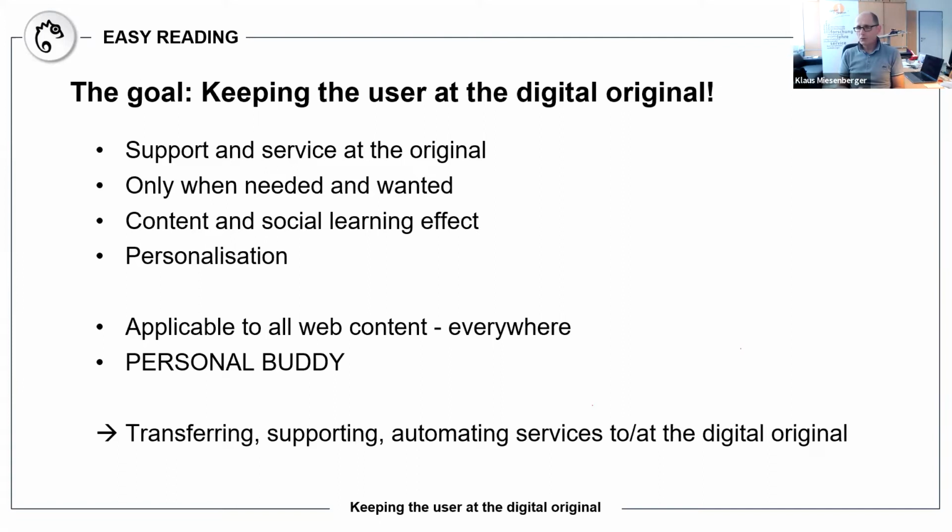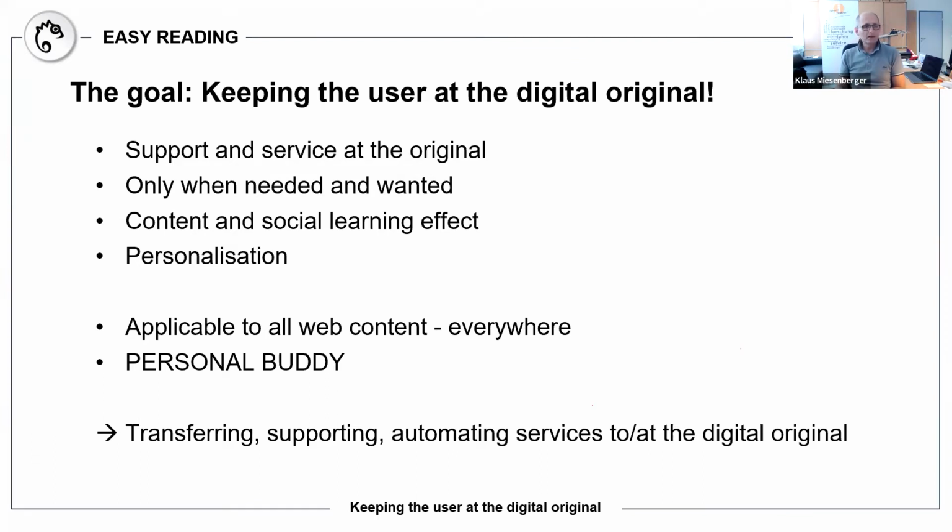And this is also, besides a new approach to web content for end users, a new approach for providing the services, translation and easy to read, symbol annotation, layout adaptation, and things like that, and to keep all these services as close as possible at the original, so that the learning effects, the inclusive effects of easy reading are there.